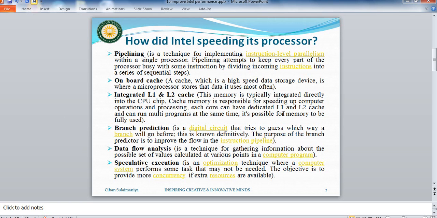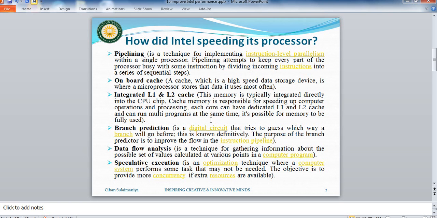This integrated circuit is going to make the memory full of information and instructions, and run the program fast. It will help the program to run fast by dividing the cache into L1 and L2.